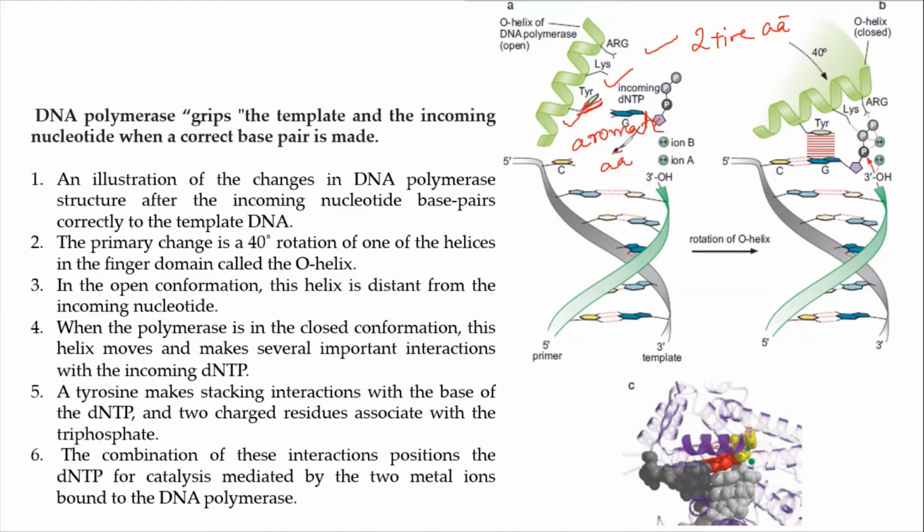Now look at the significance over here. So why these three only? So we know that lysine and arginine are positively charged. Now, why do we need positively charged amino acids in order to interact with the incoming dNTP? What will be your answer? Answer is very straightforward. So yes, what will be the answer?